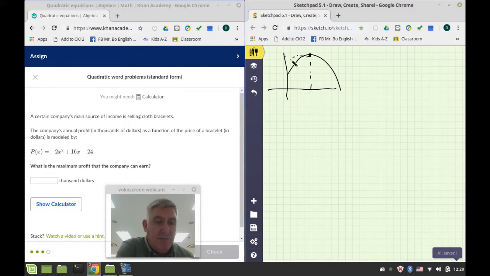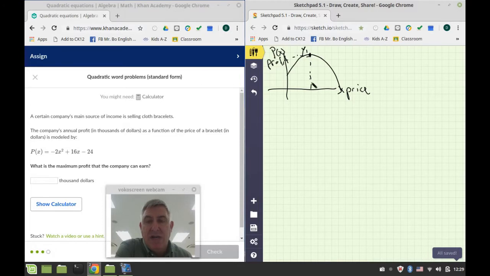Okay, and our annual profit, this is profit, is modeled as p of x, and x is price, and p is profit. So it wants to know profit, it wants to know the y, it wants to know y1.